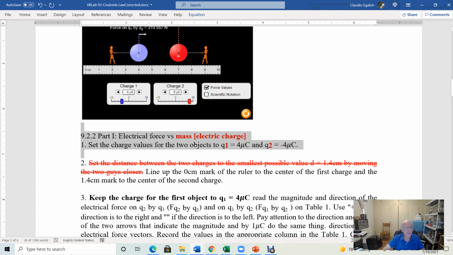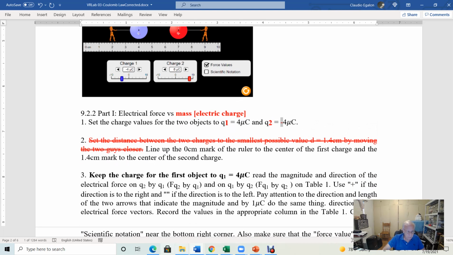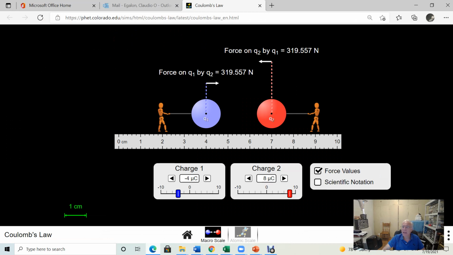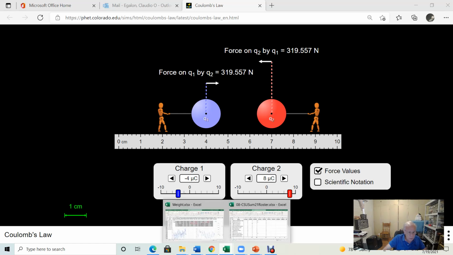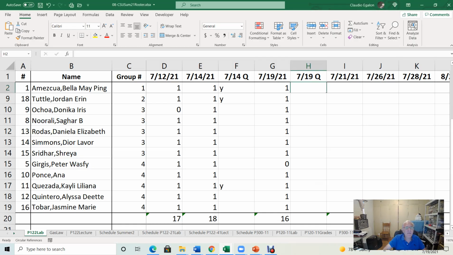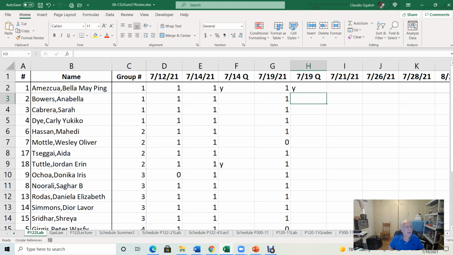Set the charge values for the two objects. Q1 is 4 microcoulombs, Q2 is negative 4 microcoulombs. Let's do that. At this point, you must have your simulation running. Everybody has the simulation running? Let me know. Give me some feedback, please. I'm going to call you one by one. Make sure you have the simulation running there. Bella, do you have your simulation running? Yes. Okay. Annabella?